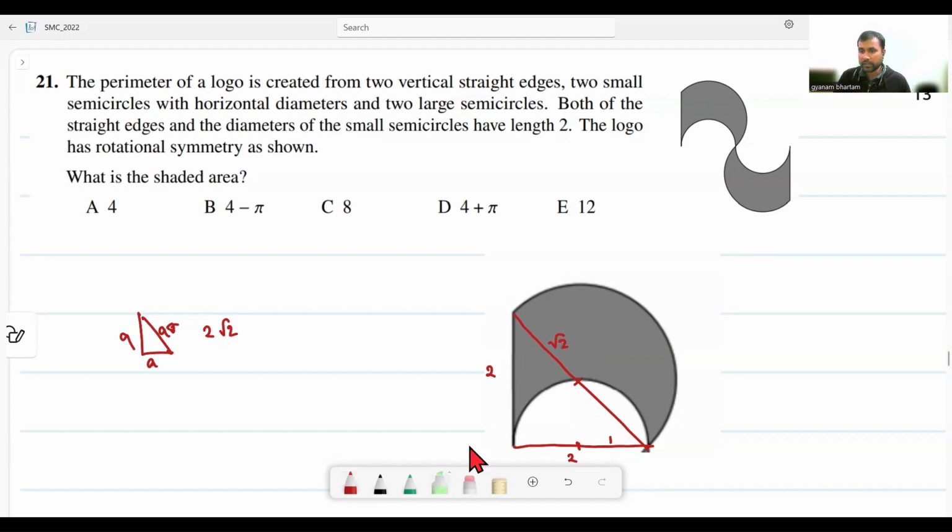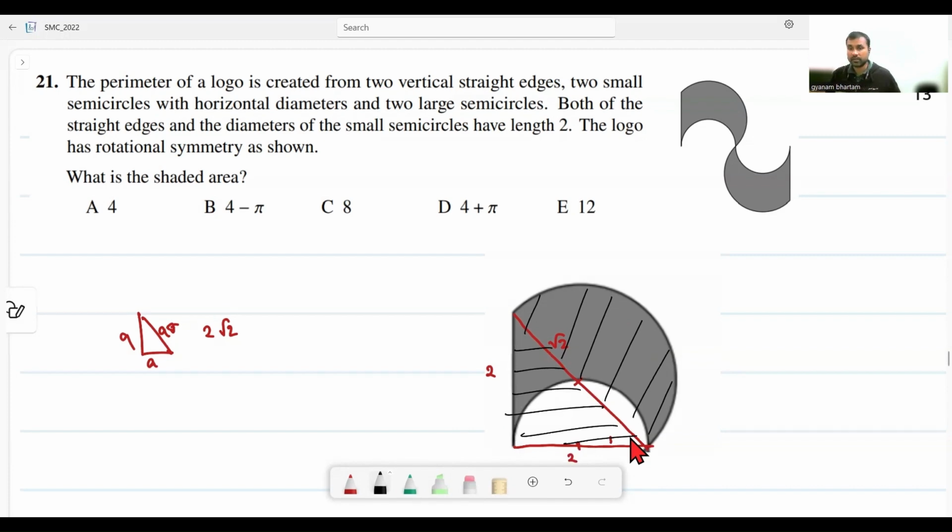Now, if we find this area, and we find this isosceles triangle area, add these two and subtract this semicircle, we are done, right? So what is the area of the shaded region?